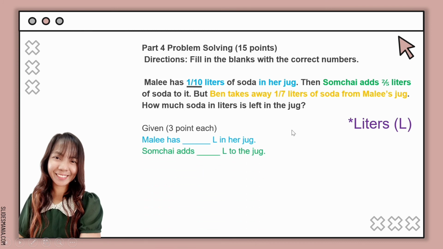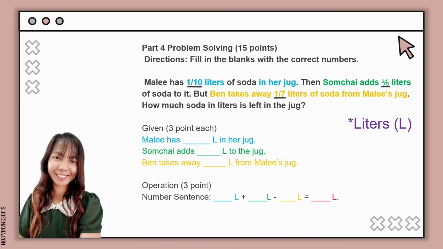Next, Somchai adds 2 over 5 liters. So just write the fraction here. Ben takes away blank, so just write this. The 1 over 7.